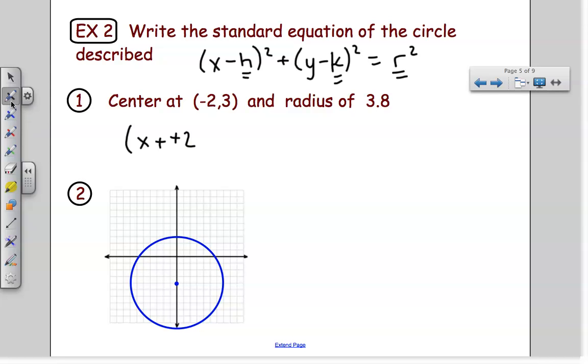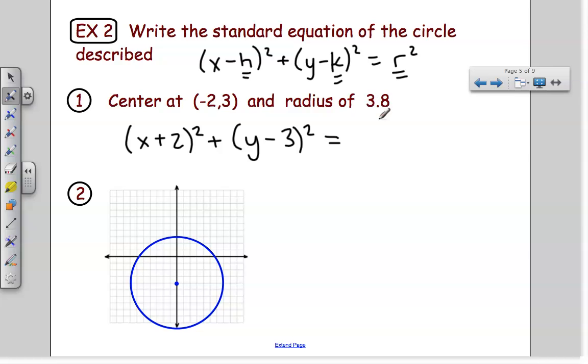So in this case, it's actually x plus 2. Okay, so it only turns to a plus if it was a negative because you're subtracting a negative. X plus 2 squared. Plus, now I do y minus the y of my center, and the y of my center is at 3 squared. And that equals radius squared.